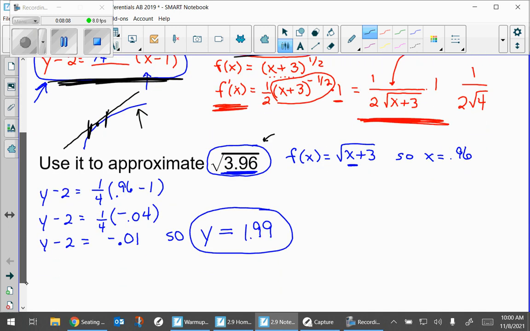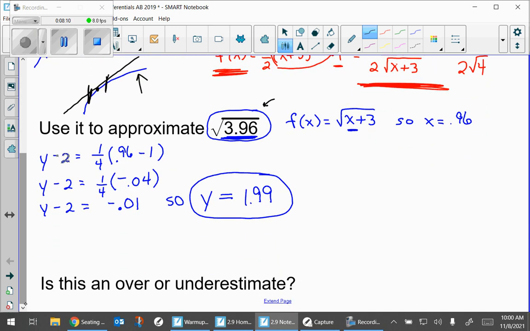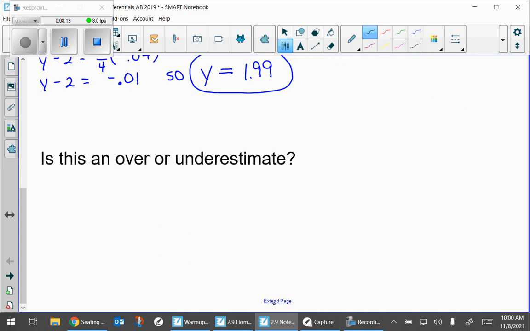Now, I think there might be one other question. Is this an overestimate or an underestimate? Keep in mind that this is the actual function. But we used a tangent line. Are you guys good on square roots looking like this black curve right here?